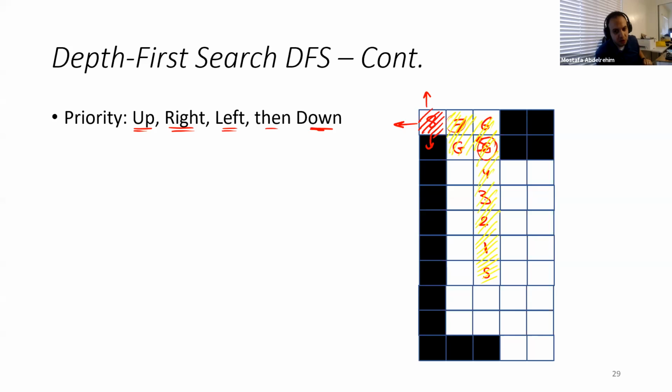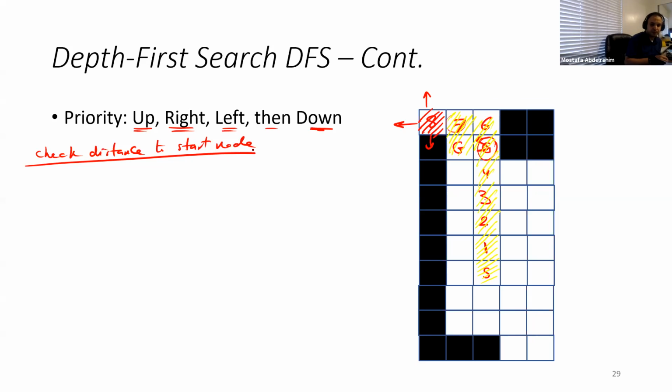The distance to the start node. And choose the neighbor with... so you start by the goal node, check its neighbors, until you find the neighbor that has the minimum distance to the start node.